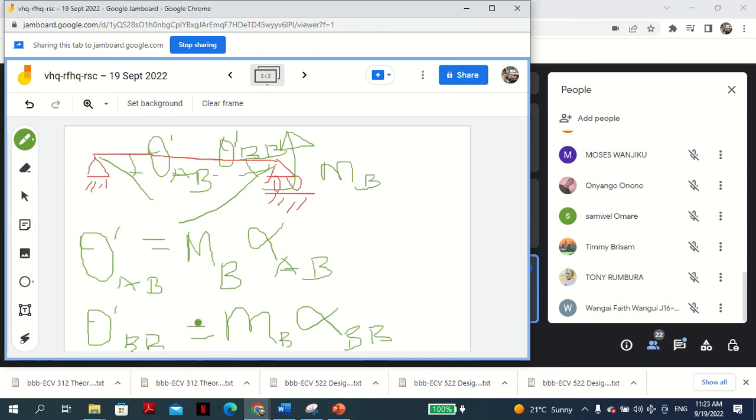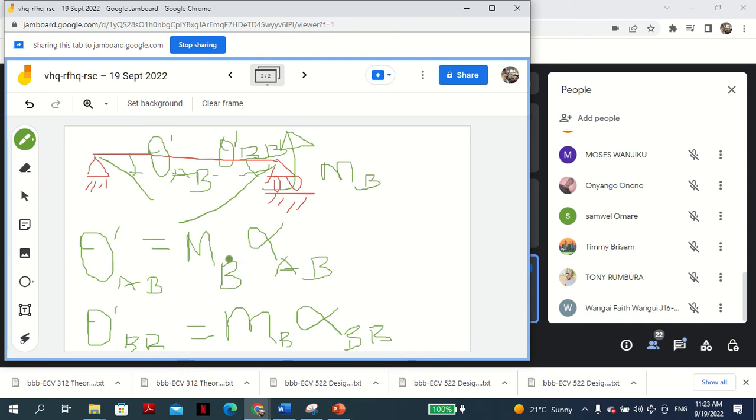At the end of the day, you'll have only MB and MA as unknowns, and you're able to solve. In fact, you are able to solve each individual structure on its own and then add. That is why we are talking about the principle of superposition.